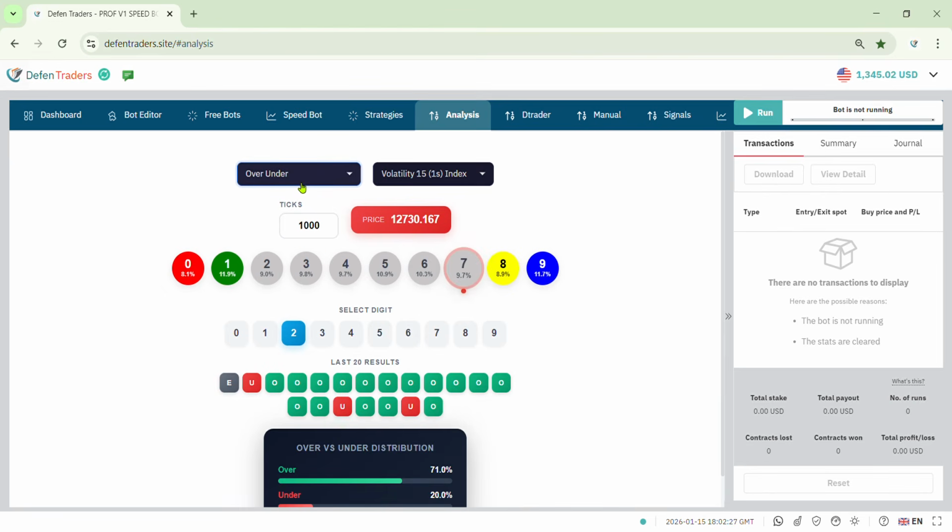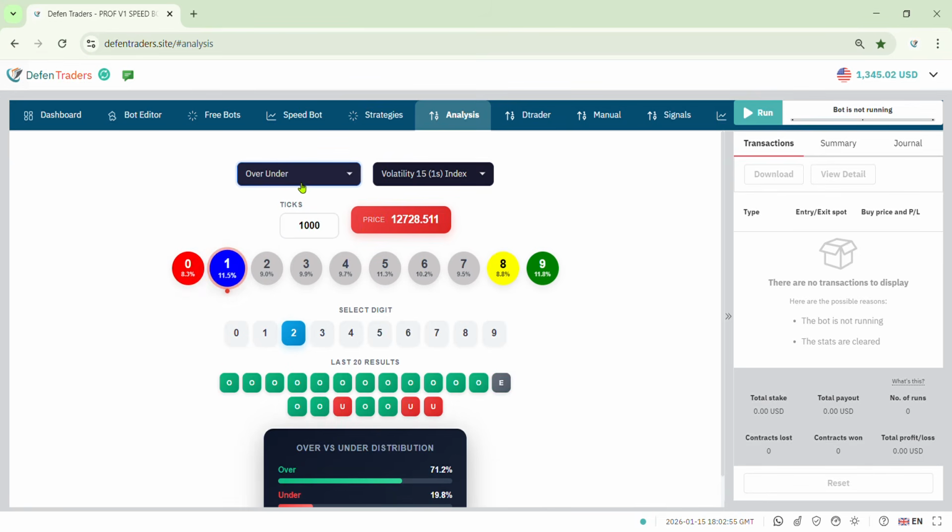Okay, so let's first define what digit psychology is. In a layman's explanation, I'll say that it is a formula that is followed for these digits to be generated. What is that plan that Deriv, as in the algorithm, uses to allow a digit to be generated?